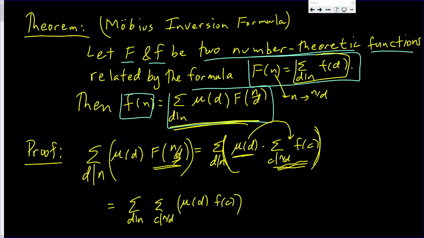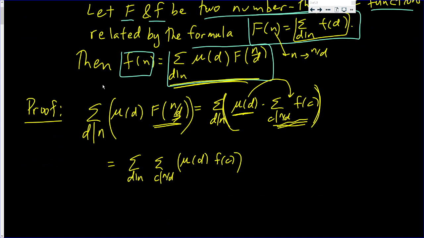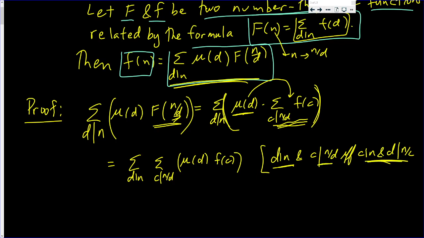Now we have this fact. You can prove it. It's not that hard. d divides n and c divides n over d if and only if c divides n and d divides n over c. So this and this guarantees that.